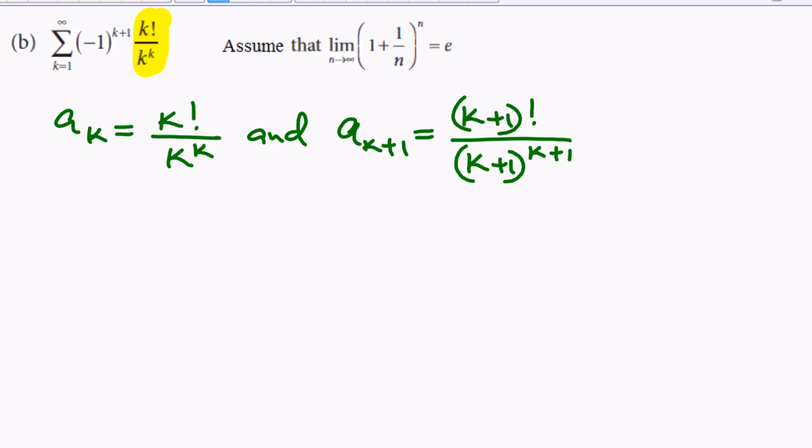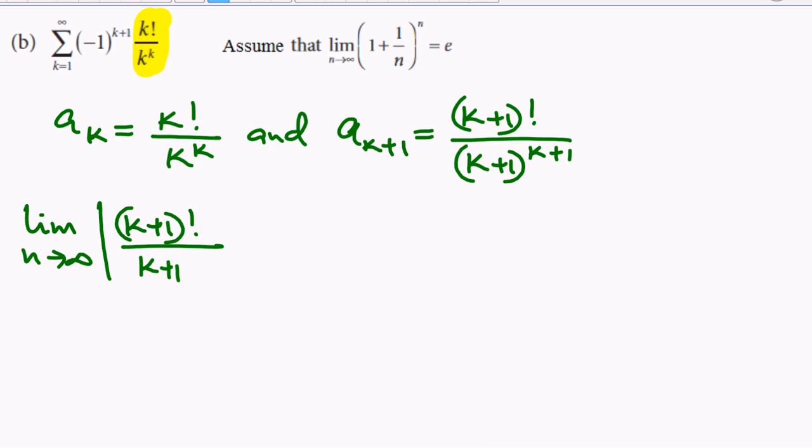After that, we can go ahead and find the limit. So the limit as n approaches infinity of the absolute value of k plus 1 factorial over k plus 1 to the power k plus 1, divided by k factorial over k to the power k.